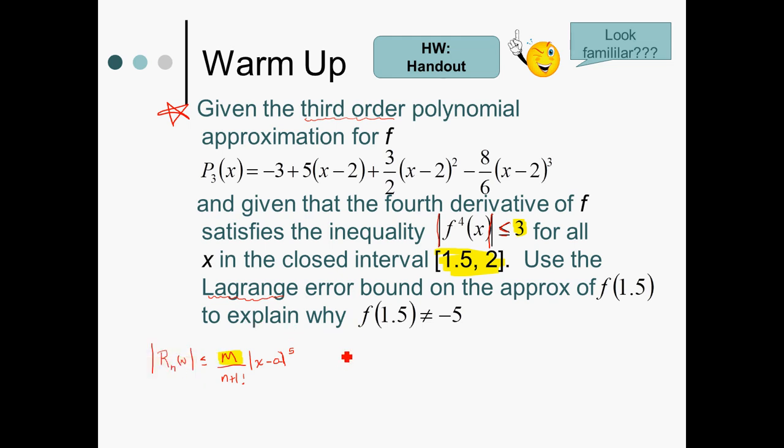So the remainder after the third order is less than or equal to, what is M? Over, not 3 factorial, but what? And then what's my center? Good. 2. And the number they're asking me to approximate.